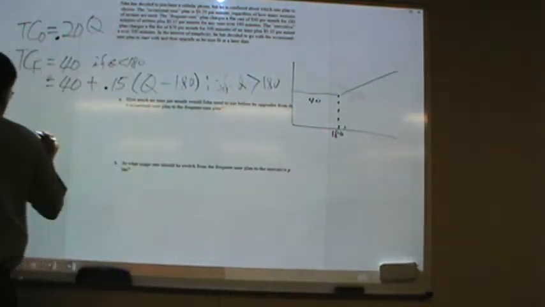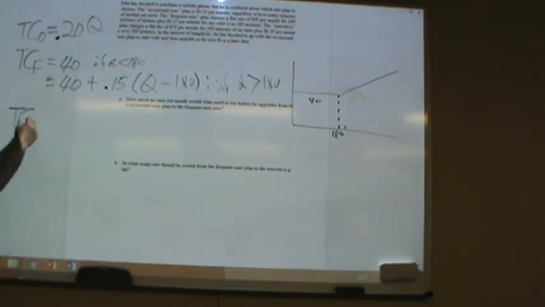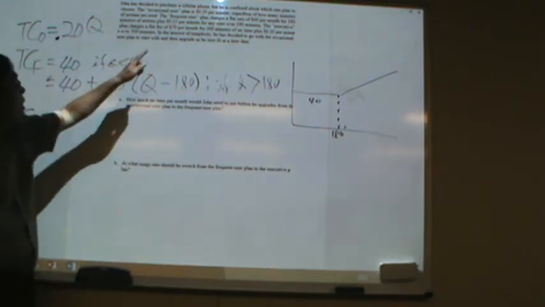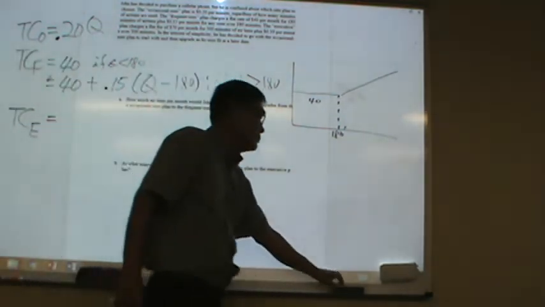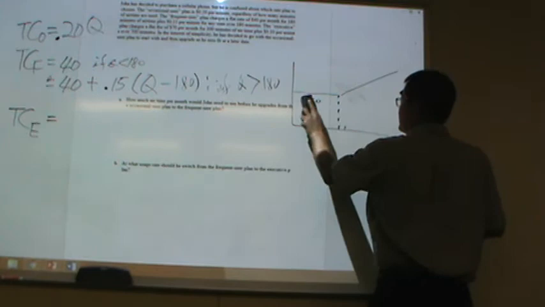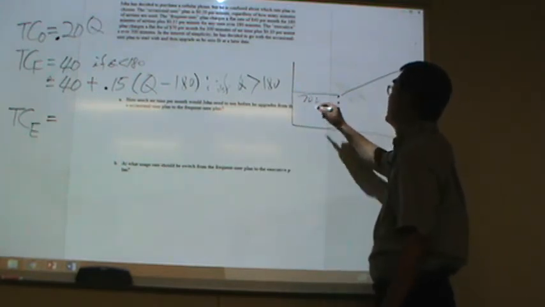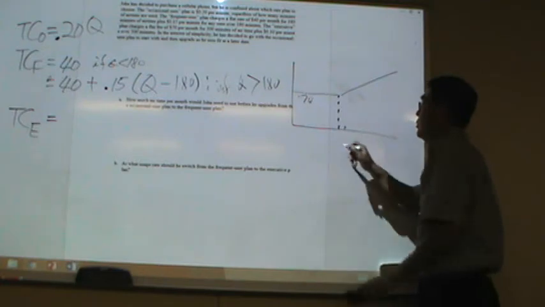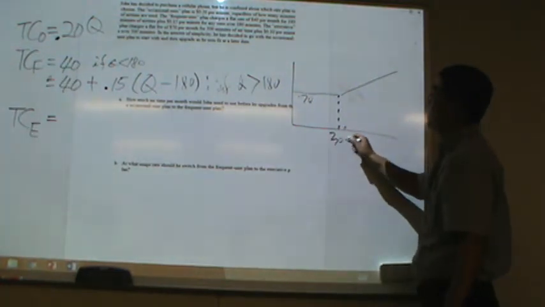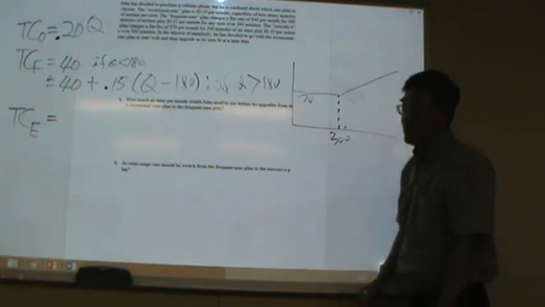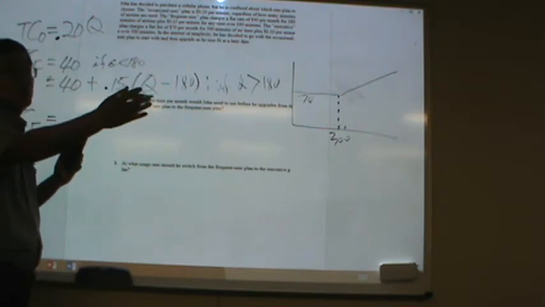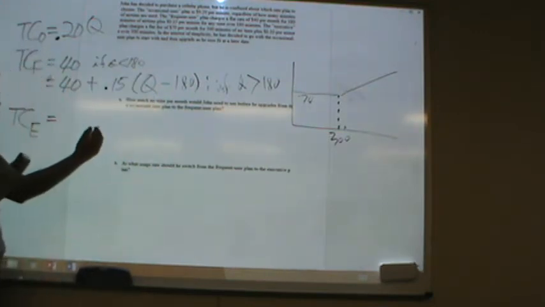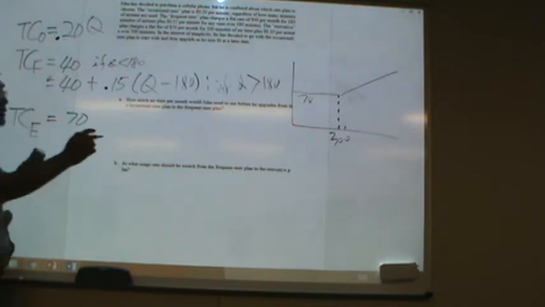And the third option, TCE equals the same, $70 up to 300. So if Q is less than 300, $70 flat.